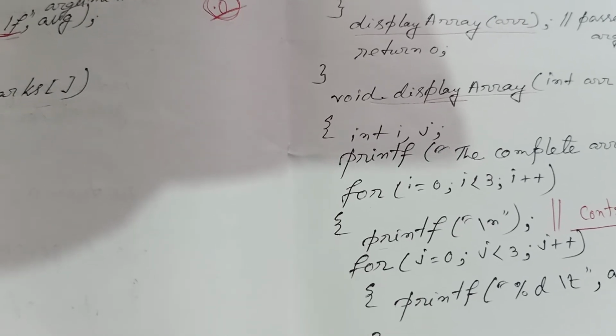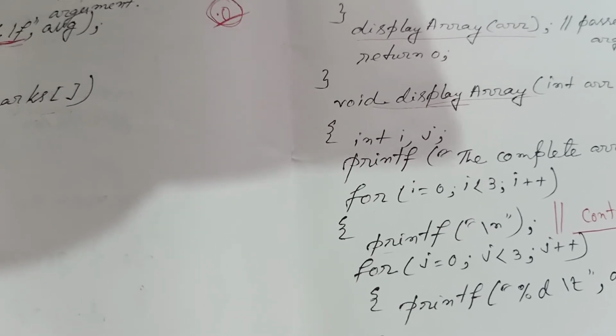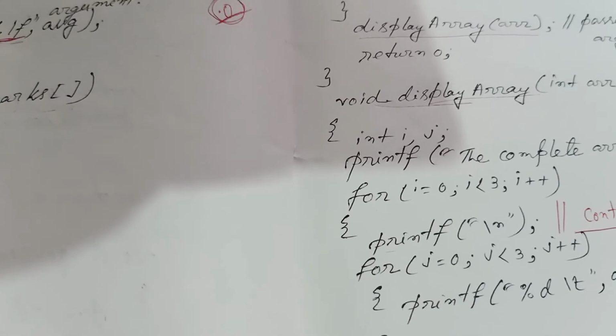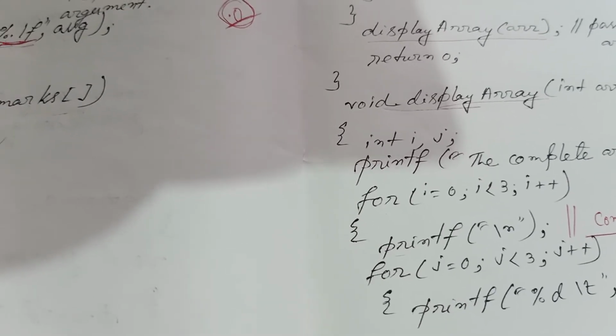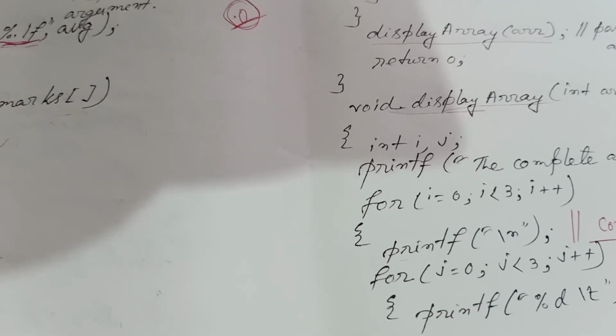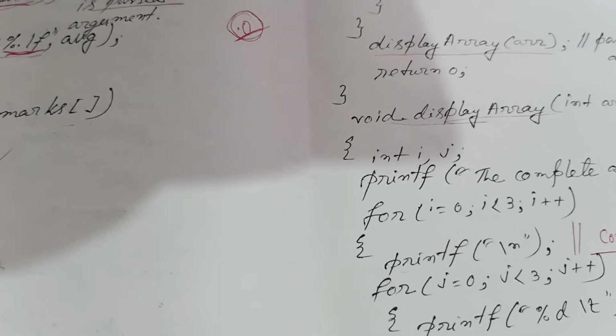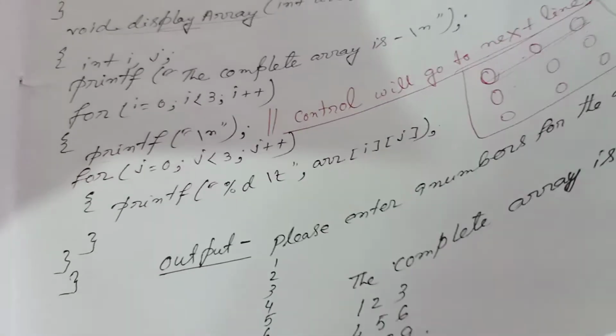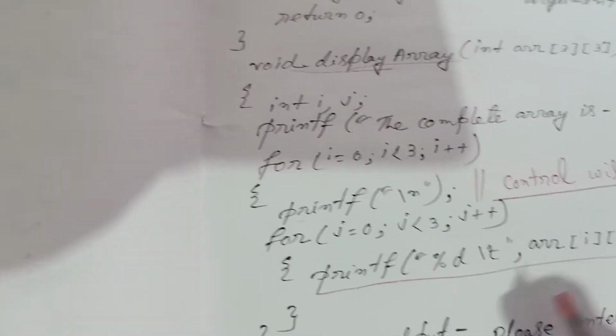How many numbers do we want to put? 3, and then the cursor goes to the next line. In this structure, the array will be printed. So printf will be %d slash t, quotation, complete arr[i][j].